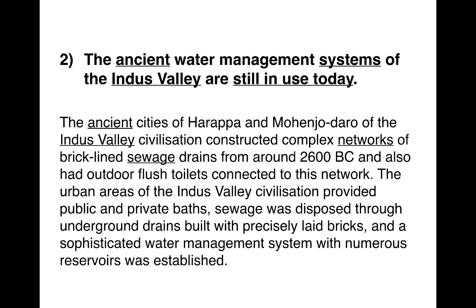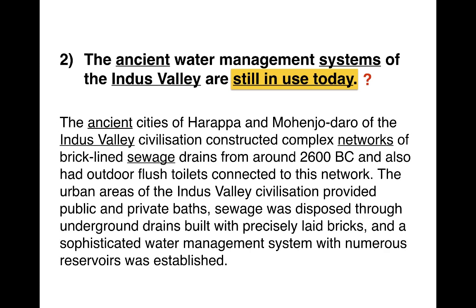Well, networks of sewage could be the same as water management systems. The only thing left to find is, are these systems still in use today? So let's carry on from the word sewage. Drains from around 2600 BC and also had outdoor flush toilets connected to this network. No information about today yet.